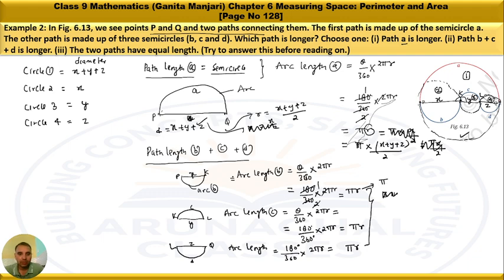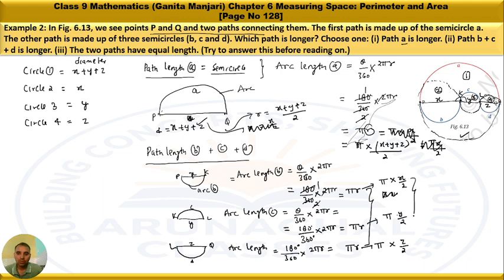Now for the second circle, diameter of the circle is x, so radius will be x by 2. For the third circle, diameter of the circle is y, so radius will be y upon 2. And for the fourth circle, the diameter is z, so radius will be z upon 2.